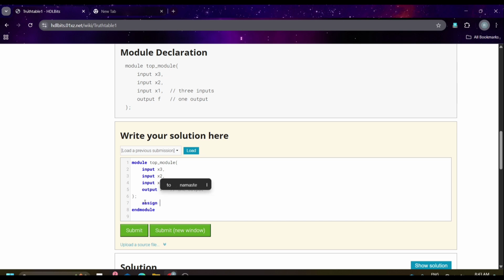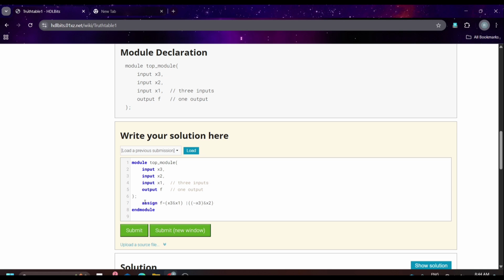So assign f, our output, f equal to x3 and x1, x3 and x1, which is ORed with the negation of x3 and x2.